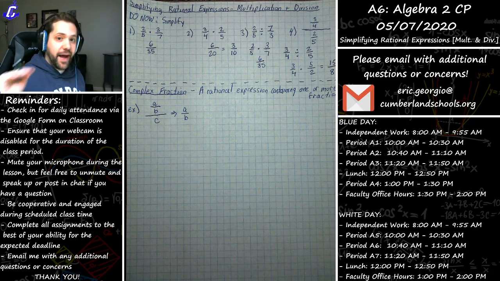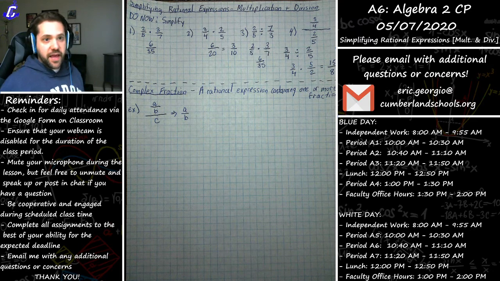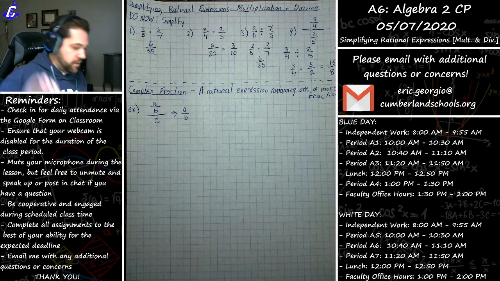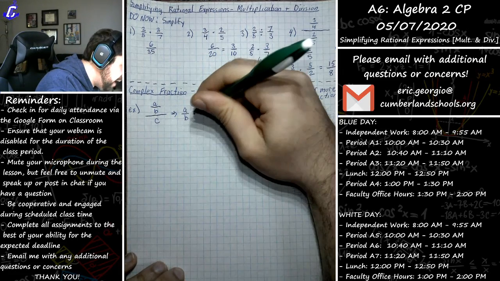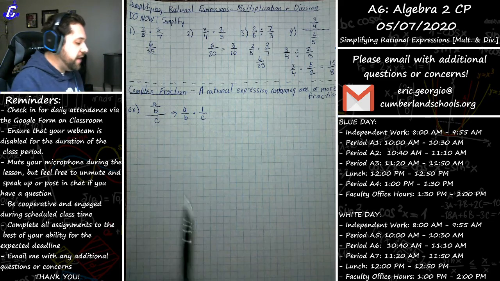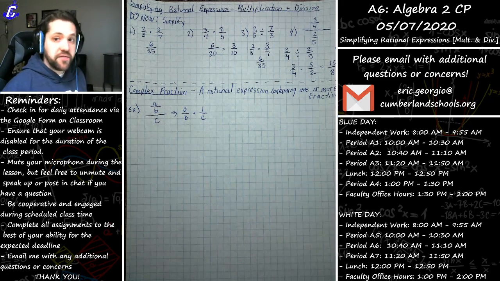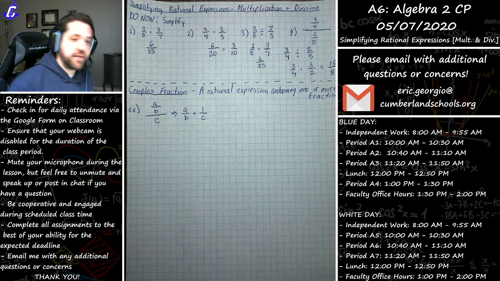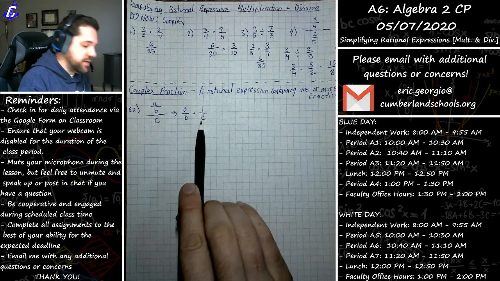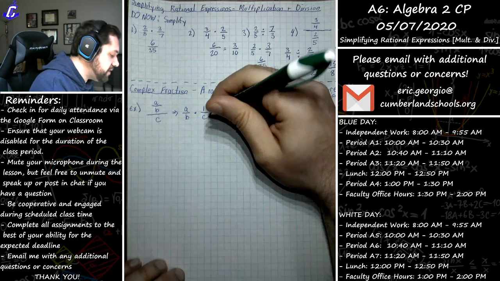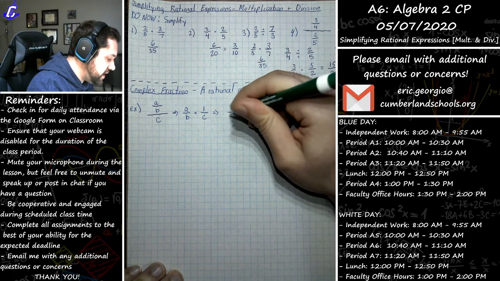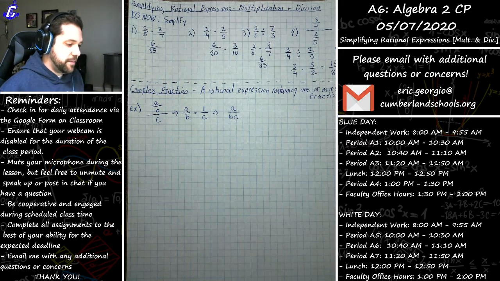Think of it this way: if you divide something by 2, it's the same as multiplying that same something by 1/2, which is the reciprocal. So I could just write this as times 1 over c. If you're dividing everything by c, whatever c happens to be, it's equivalent to multiplying by 1 over c. Divide by 2, same as multiplying by 1/2. When I do this, I multiply numerators and denominators, just like I did up top. This reduces down to a over b times c.